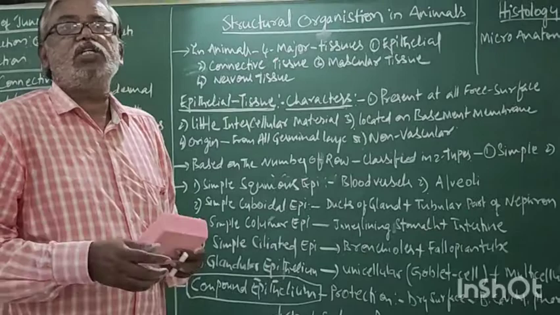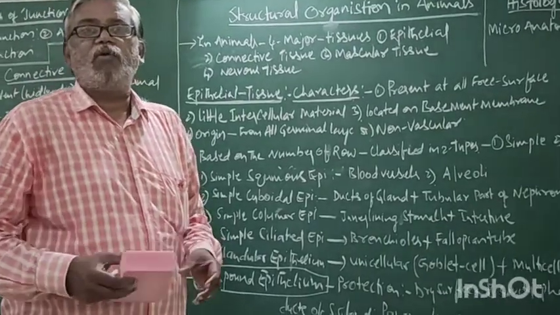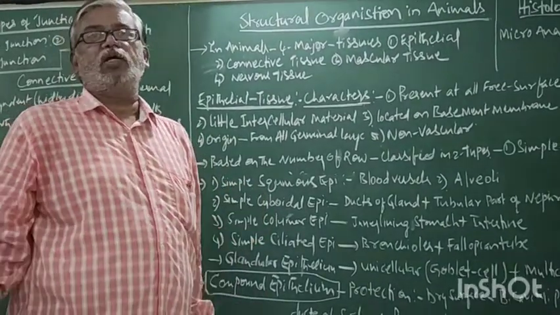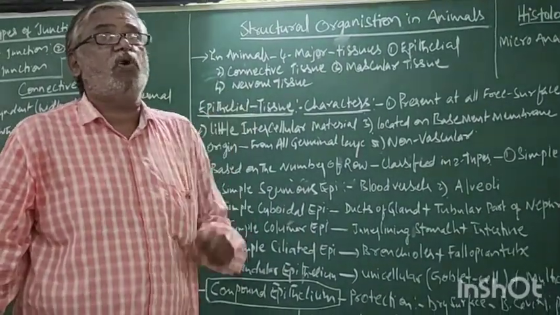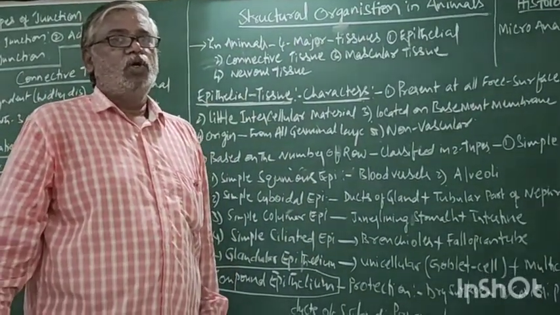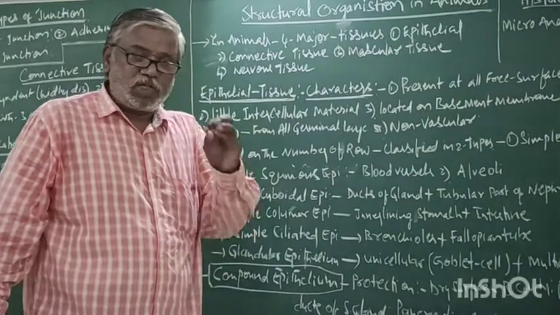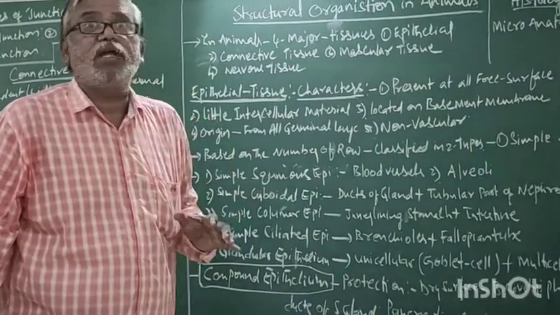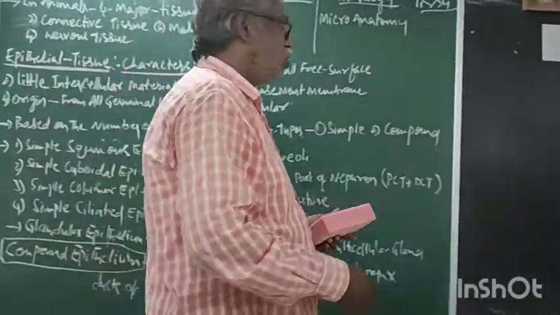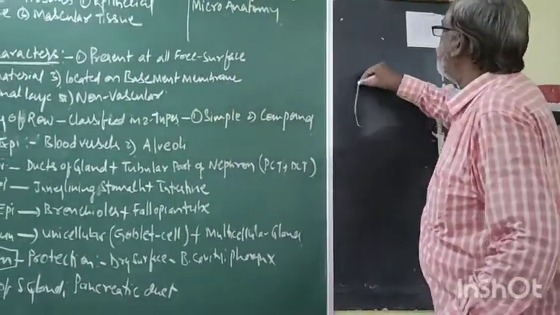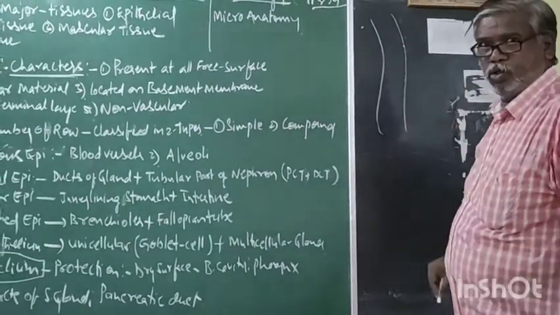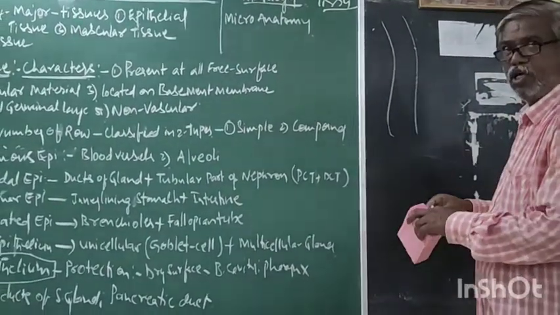The epithelial tissue is the tissue which is present on free surfaces of the body, either internal or external. You must understand, free surface of the body. Now, you see the alimentary canal.